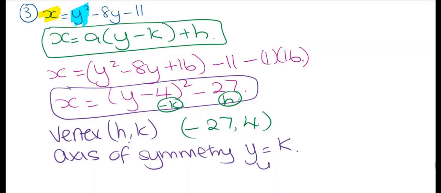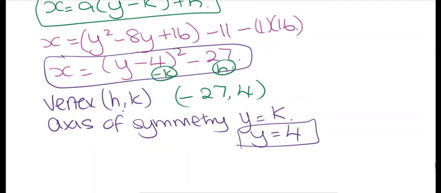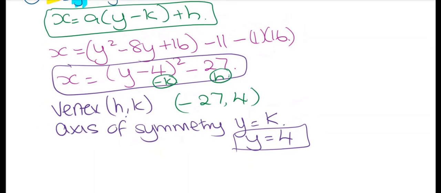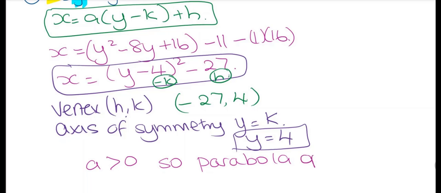So it's going to be on the line y equals 4. And then we need to decide which way it's opening. So this time it's going to be left or right. So we've got a coefficient of 1, so a is greater than 0. So the parabola opens to the right.